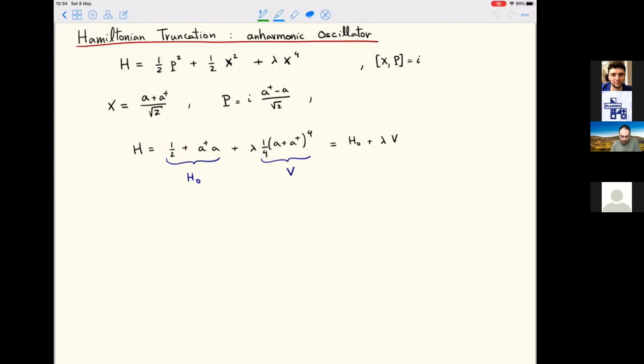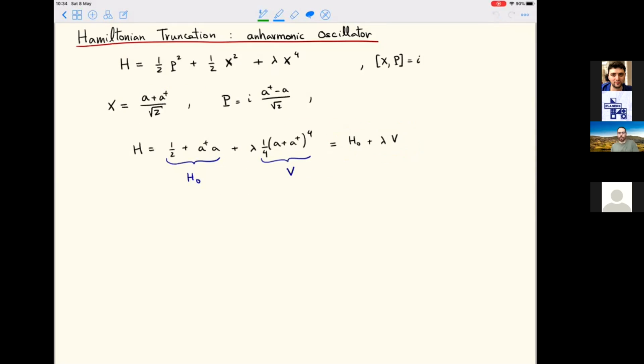We take our Hamiltonian, again the dimensionless version for making formulas cleaner, and we still introduce these nice creation and annihilation operators for the harmonic oscillator. And so this is the result. The Hamiltonian is now written as the harmonic oscillator part plus this deformation. So this is H0 plus lambda V, the standard form of Hamiltonian to do perturbation theory.